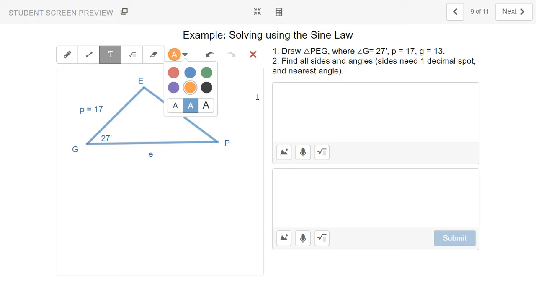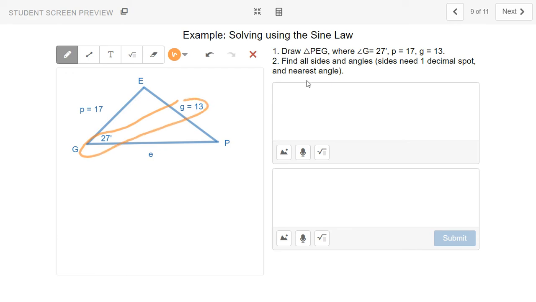So let's begin. I notice that I have the complete pair for G. So let's use G as the starting point. For the PP pair, we have the side but not the angle. So let's find that. In our angle P, we're going to set up our ratio.